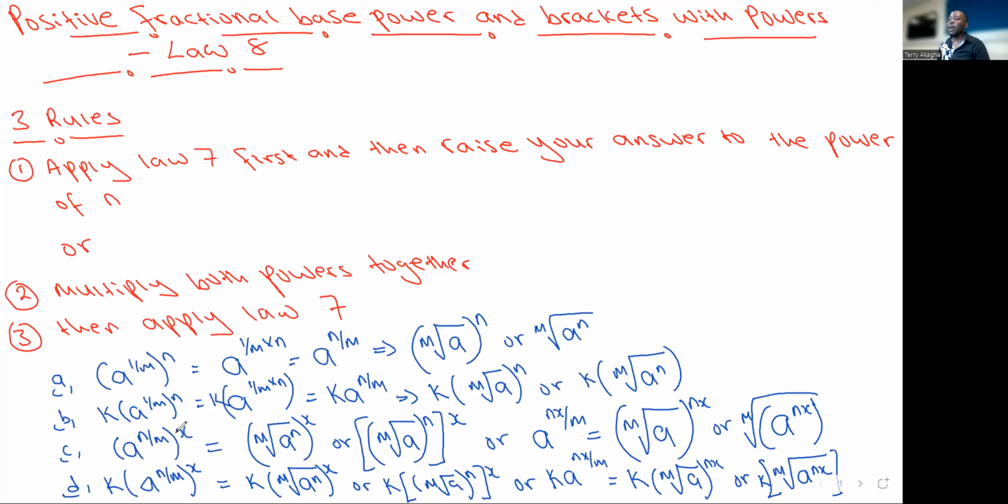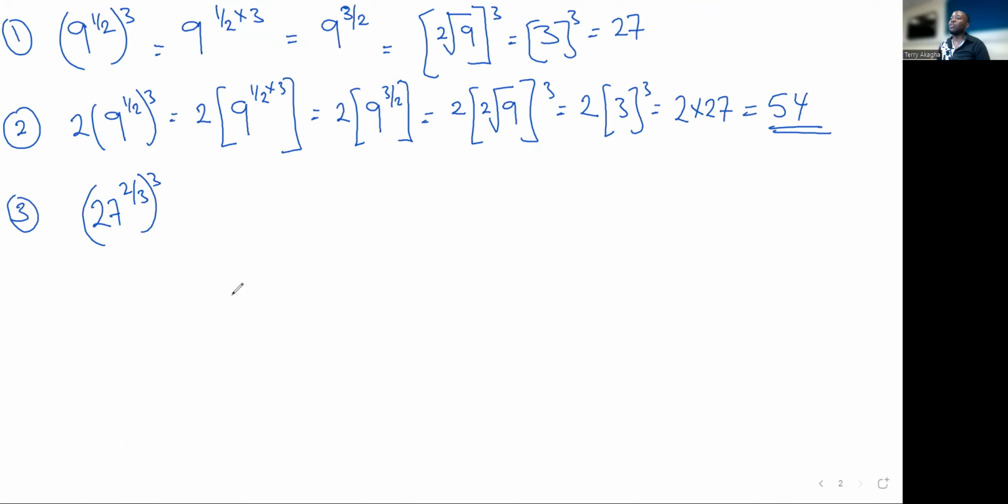I told you when you have this, there are 2 ways of doing it. Either you solve the one in the bracket, then raise the answer to the power, or you multiply both of them and you apply rule 4, okay? What I can do is solve the one in the bracket. So it's the same thing as saying the cube root of 27, all raised to the power 2. Then all this now raised to the power 3. Are you seeing it?